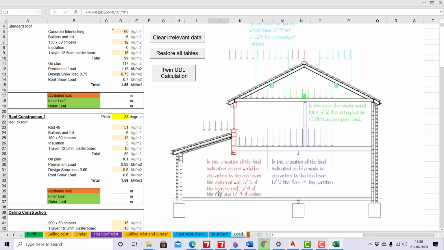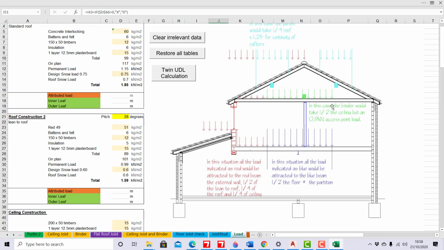So let's assume we're going to do a ground beam. That ground beam is taking a block and beam floor there. It's taking part of this floor here. It's supporting that floor there, it's supporting that ceiling there, and it's supporting part of that roof there.